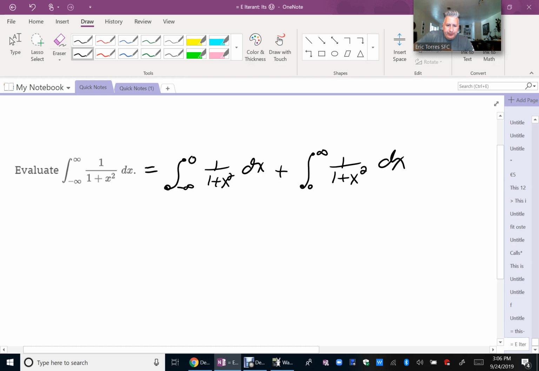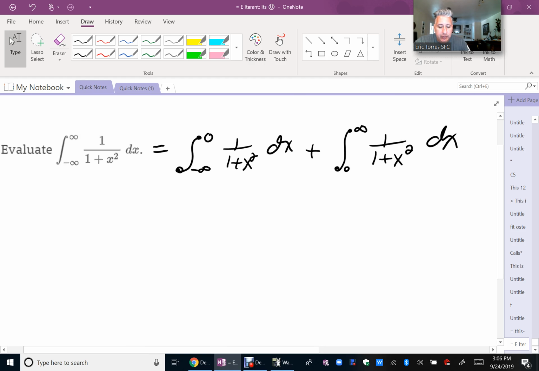So basically I'm dealing with fairly much the same items, but I'm going to have a limit where t is going to approach negative infinity, and then I'm going to have where t approaches positive infinity. And let's begin that process.